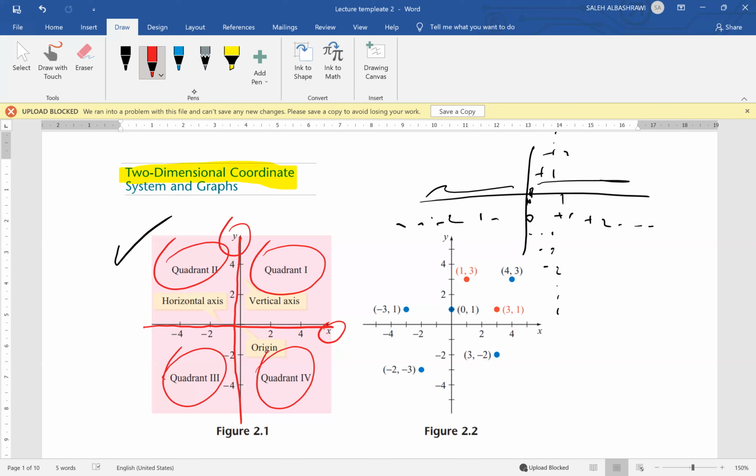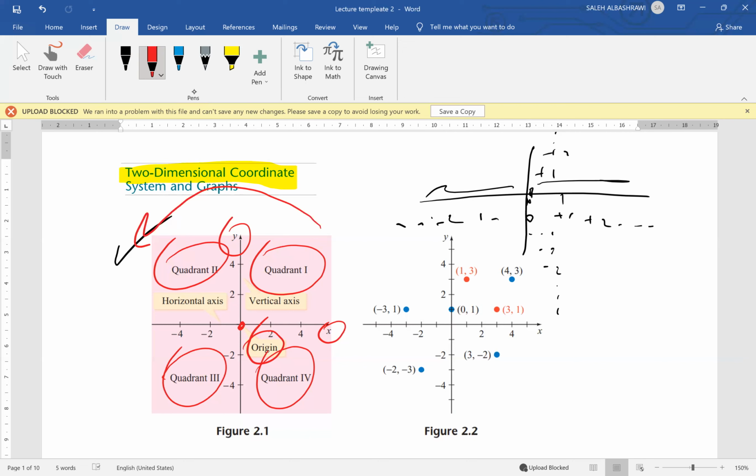The numbering is counterclockwise. And the intersection point between the two lines we call the origin. So we have the horizontal axis, the x-axis, the vertical axis, the y-axis, and the origin point.